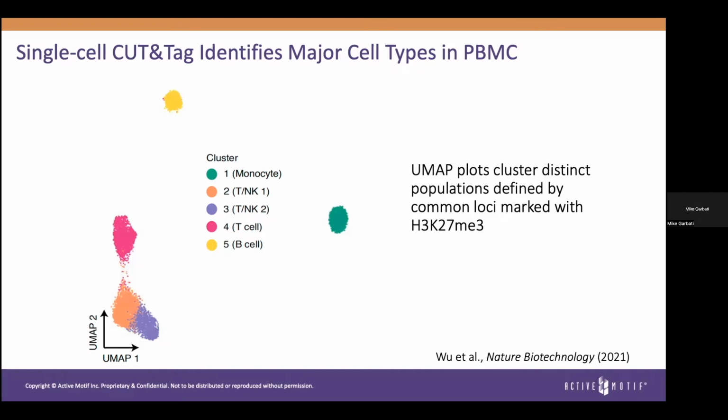These cell types are defined by the common loci that are marked with H3K27 trimethyl, and they can be called out into different cell types within the blood. Here, Henikoff's group labels monocytes, T cells, B cells, and two populations of T and NK cells.